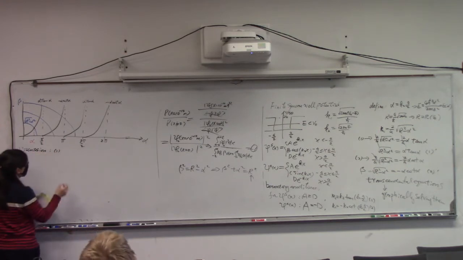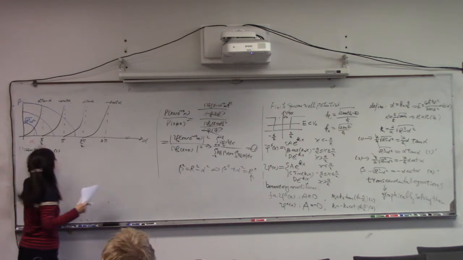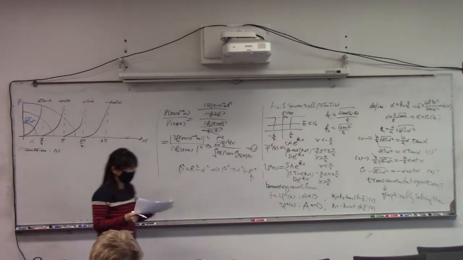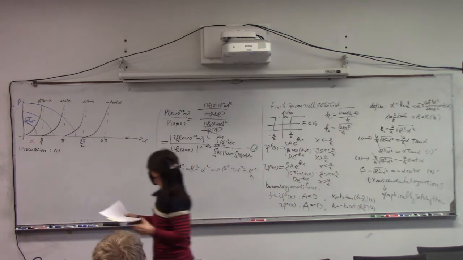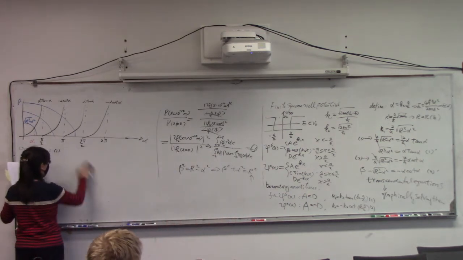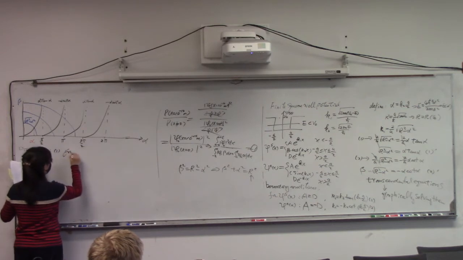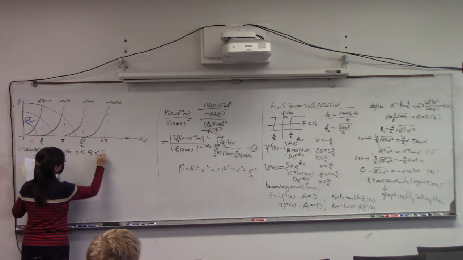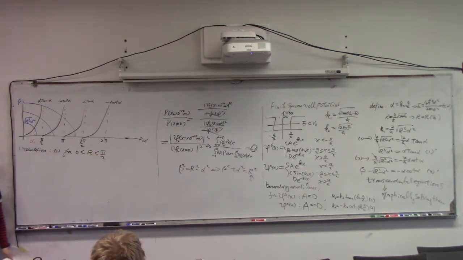First, if the r is within the 0.5 pi, for the potential V naught, which is within this range, then what happens?